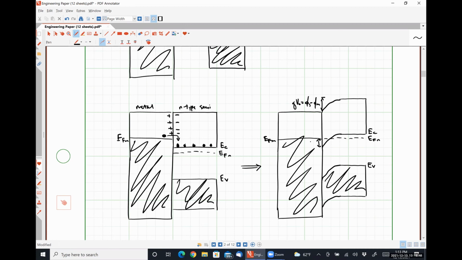And this is our Schottky barrier height, which is now negative. So when we get to this state, we are at equilibrium, right?